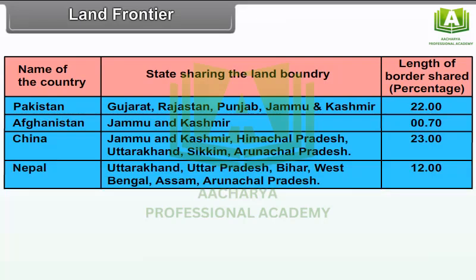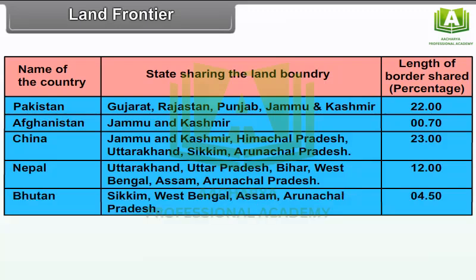Nepal: Uttarakhand, Uttar Pradesh, Bihar, West Bengal, Sikkim, 12%. Bhutan: Sikkim, West Bengal, Assam, Arunachal Pradesh, 4.50%.